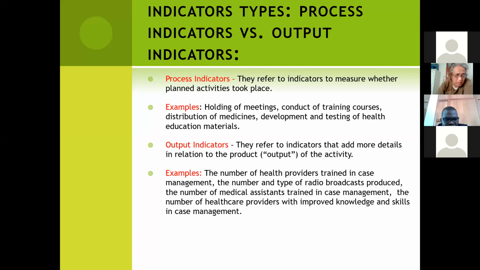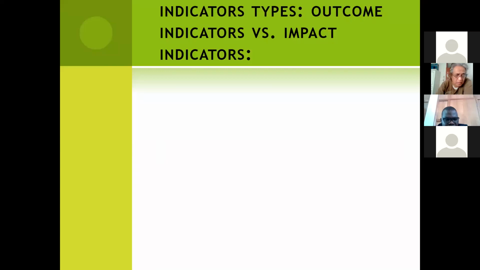Now, the other thing that becomes important is being able to differentiate the outcome indicators and the impact indicators, which is another critical differentiation that we need to make. Outcome indicators try to measure more specifically the results or the outcomes of an intervention. Earlier on, I think we defined an outcome as one of the critical results levels for monitoring and evaluation.